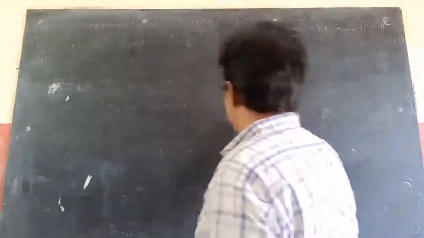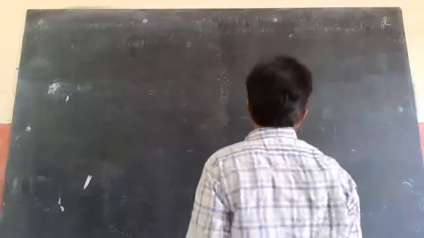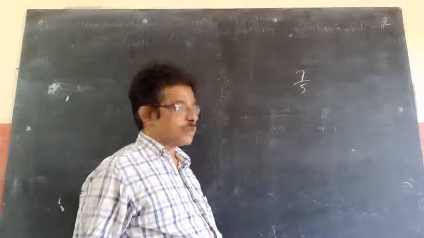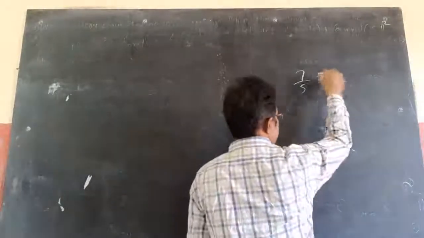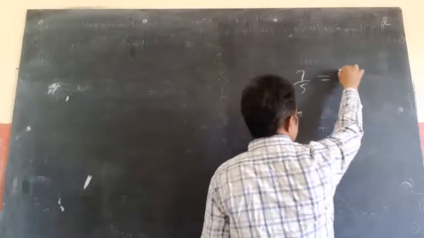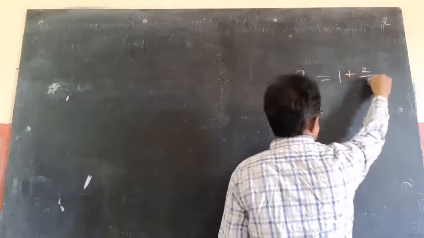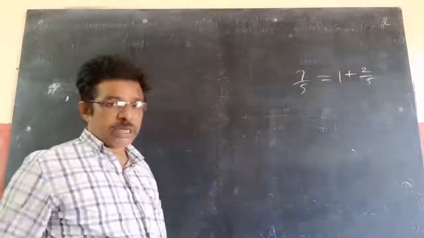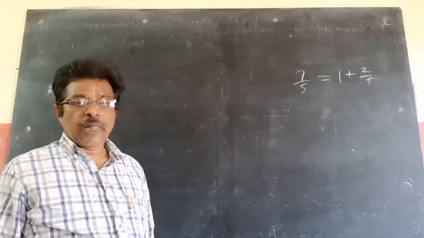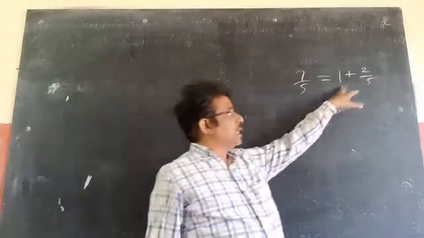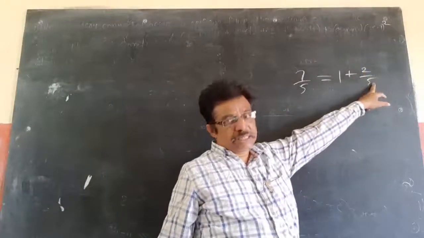Like 7 by 5 is an improper fraction in general rational numbers. What do you do to convert into a mixed fraction? Divide 7 with 5. So 5 ones are 5, plus 2 by 5, gives you 7 by 5. That is 1 and 2 by 5. So this is the quotient, this is the remainder, this is the divisor.